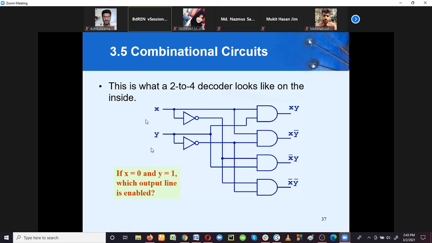Observe line by line. For the first AND gate, one input is X and the other input is Y directly.